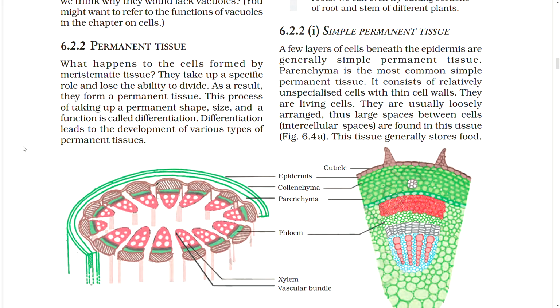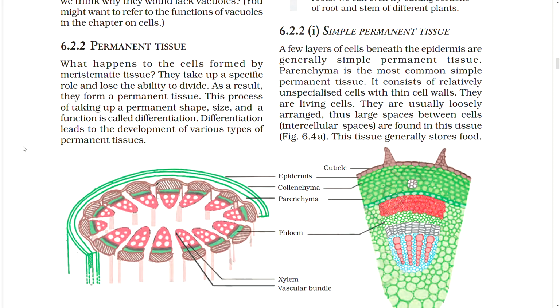They are usually loosely arranged, thus there are large spaces between cells, called intercellular spaces. Intercellular spaces are found in this tissue, figure A.